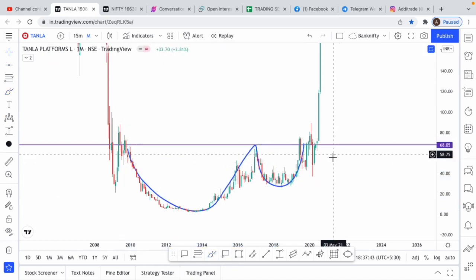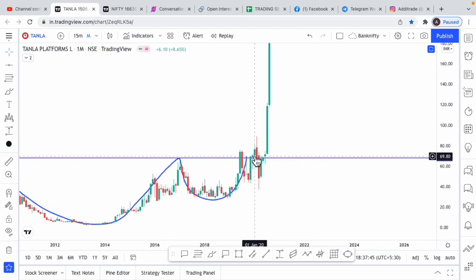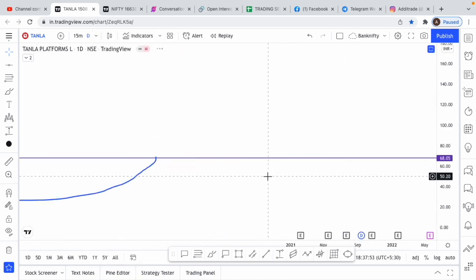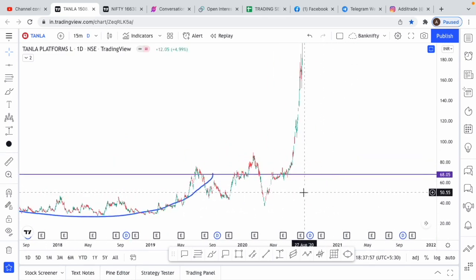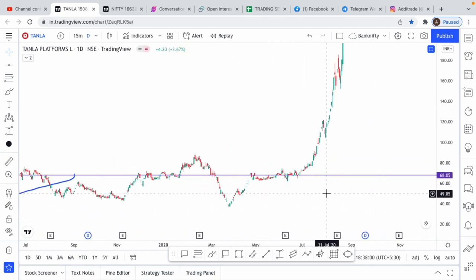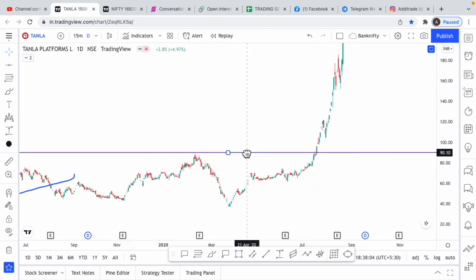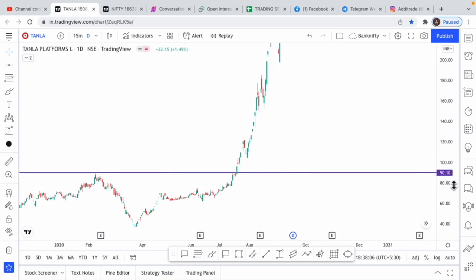This looked like a fake breakdown, but when we see the daily chart, my entry was in hundreds. When this cup and handle broke, and even when this high broke, my entry was somewhere in hundreds.